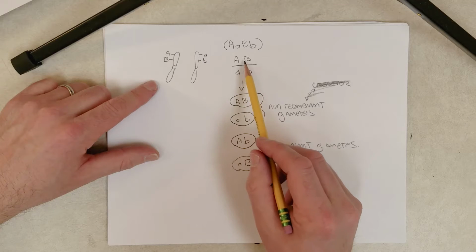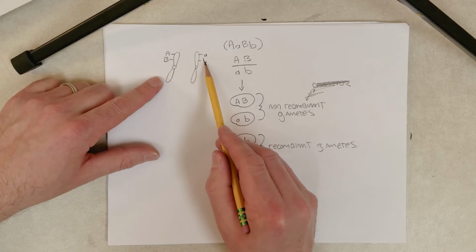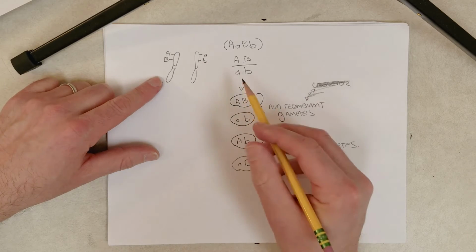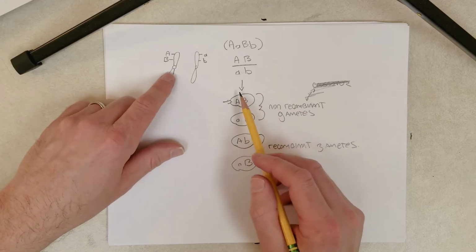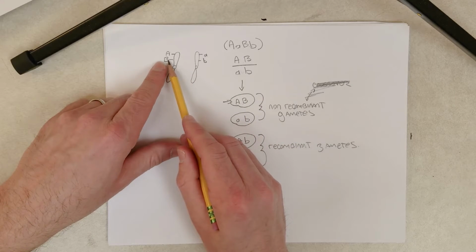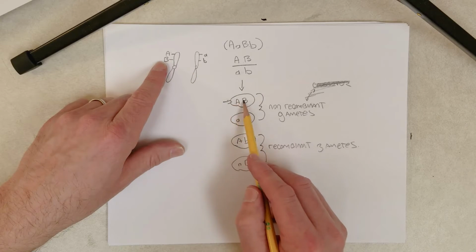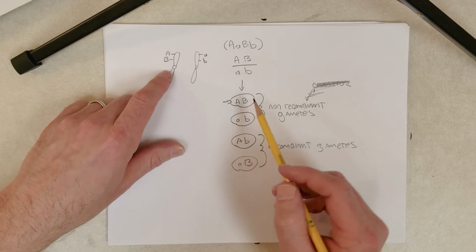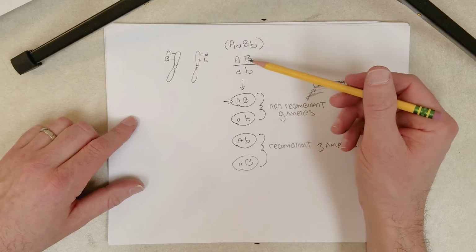We have big A and big B on one chromosome, little a and little b on the other chromosome. So this gamete is inheriting this chromosome with a big A and a big B allele. So the chromosome is exactly as it is found in the parent.